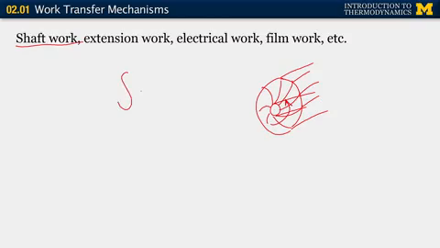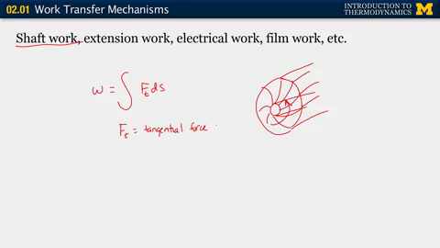And so we go back to our general description of work is equal to the force times the distance over which it's executed. And in this case, the force that's executed is a tangential force because we have a rotating piece of machinery. And so we define that as a tangential force.